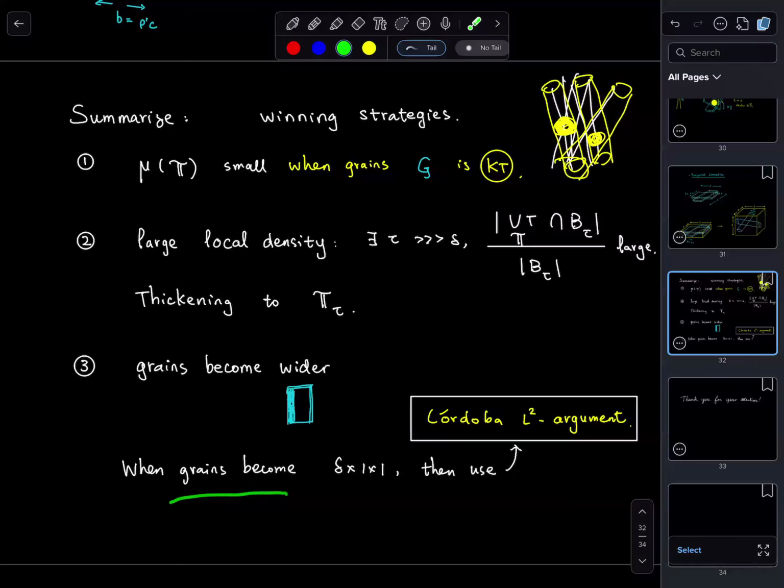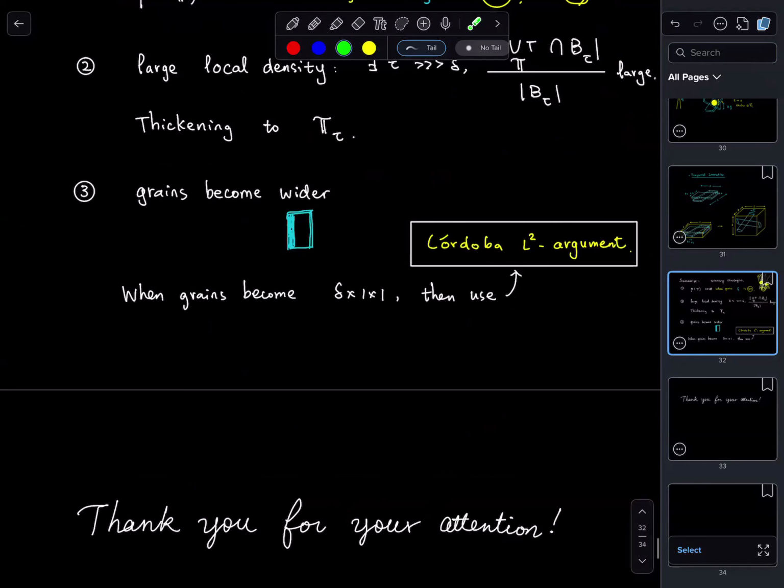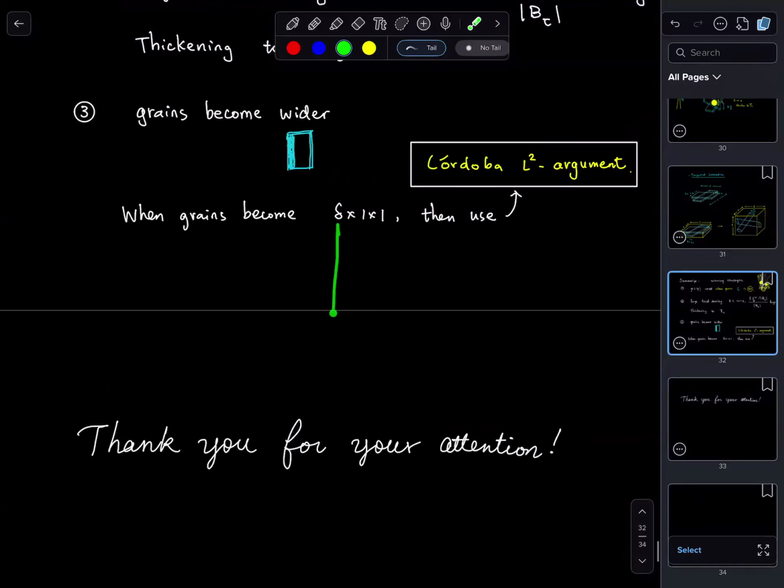When the grains become like slabs, where a slab means a neighborhood of two planes, then imagine we have a set of slabs that intersect in R2, and we can define similar things, such as the set of slabs satisfying the Katz-Tao-Wolff axiom or something similar.